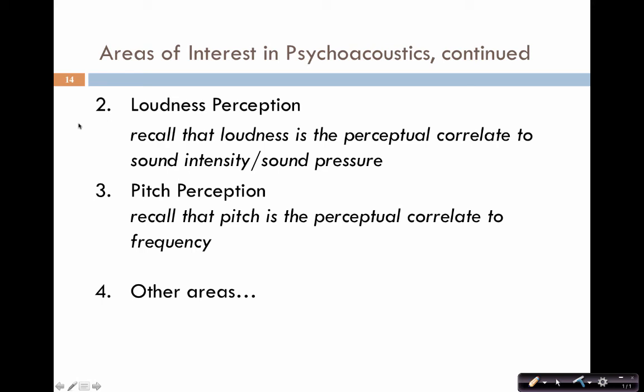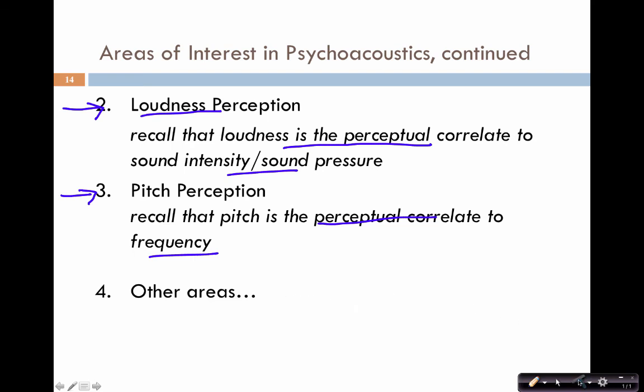Other aspects of interest in psychoacoustics that we'll talk about: loudness perception, and again, I've already laid out that loudness is the perceptual correlate to the intensity of a signal. Pitch perception, which again is the perceptual correlate to frequency. A couple of other areas that we'll pick up in that same area of pitch perception.